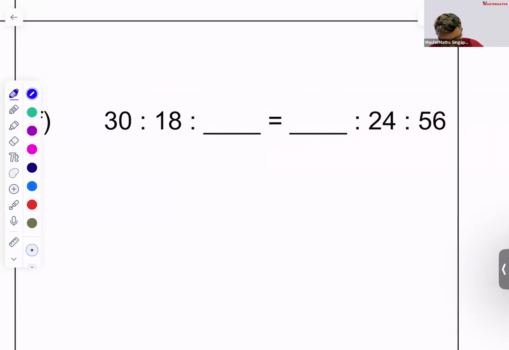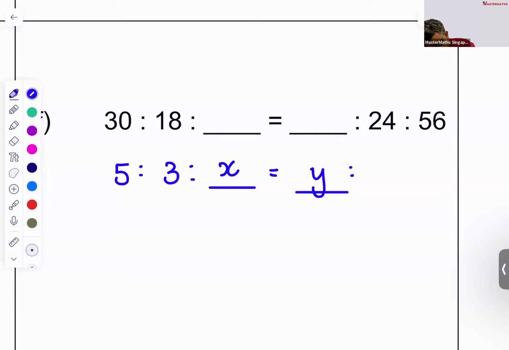Okay, 30 and 18. I can divide by 6, right? I take 5, 3, and let's say this is my, okay, I use a letter, X. 24 and 56. So this is my Y. 24 divided by 6. Oh, I can divide by 8. 3. 56 divided by 8. 7.